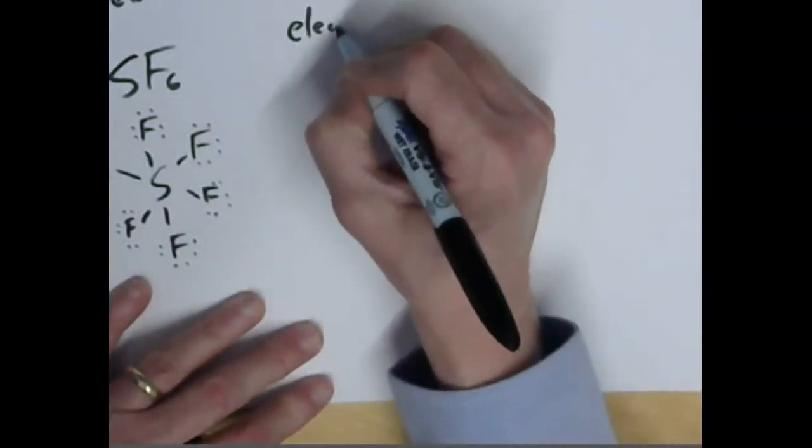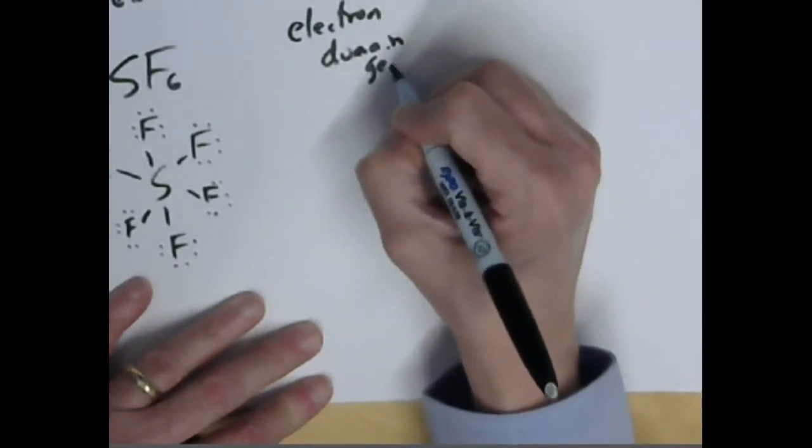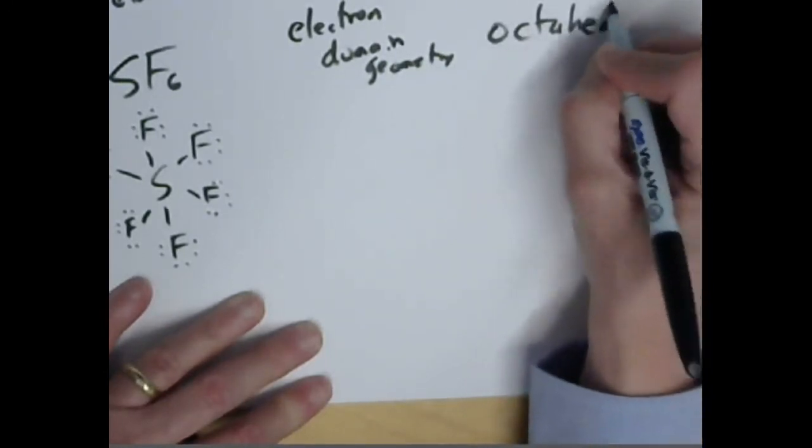So that's the correct Lewis structure. Sulfur does not obey the octet rule. It actually has an expanded octet, and there are 12 electrons around it. And so the electron domain geometry is going to be octahedral.